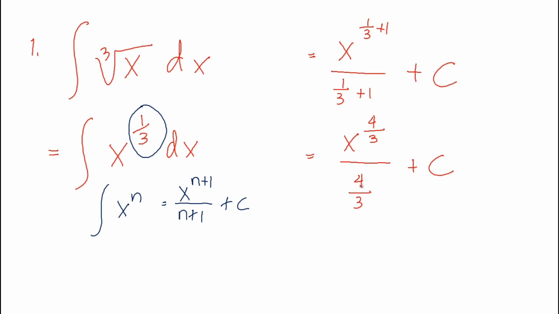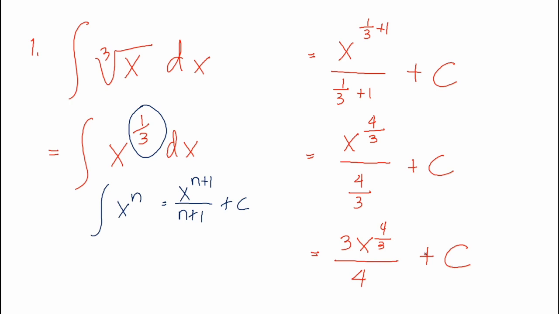Based on your previous algebra, we can simplify this by putting 3 on the numerator beside our x raised to 4/3, and putting 4 on the denominator. Then, of course, we have to put plus c, which stands for our arbitrary number.